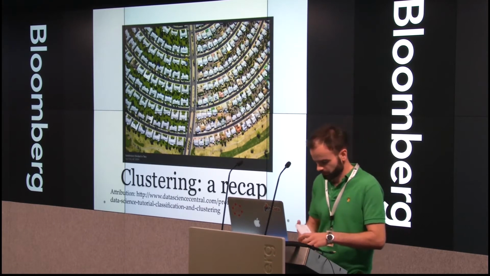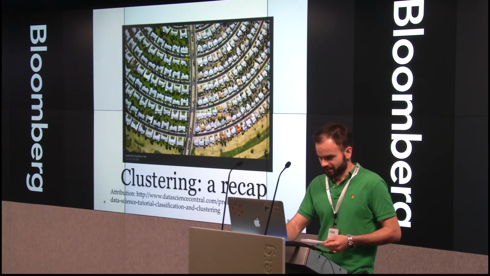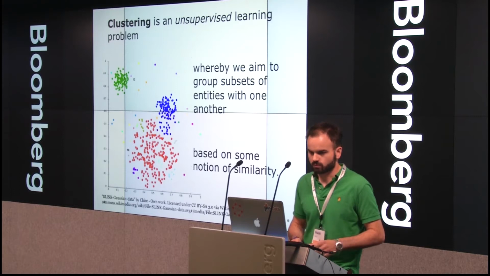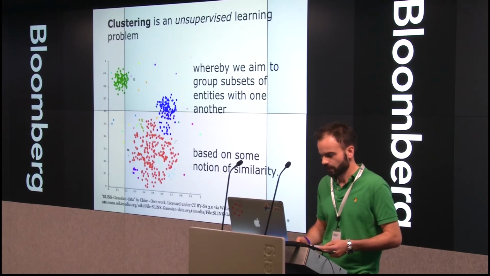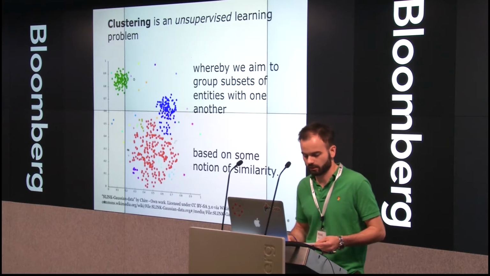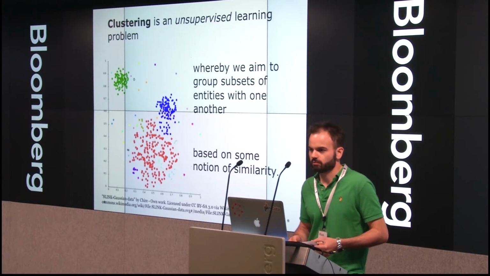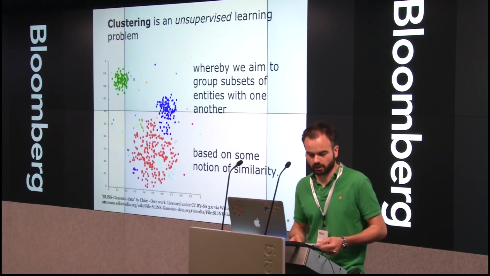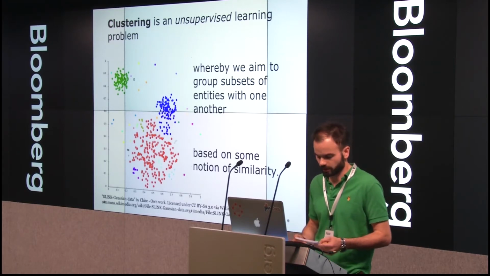So I thought I'd start with just a recap on clustering for data scientists. It's a collection of objects deemed to be similar, and this is a problem with inputs and no outputs generally. You're using some notion of similarity, so you can't actually define what a cluster is because it depends on the way you're determining the similarity between objects.